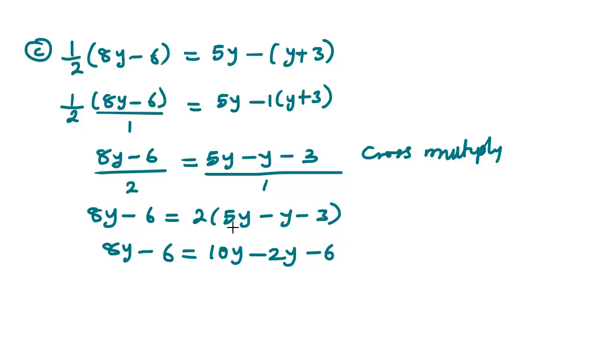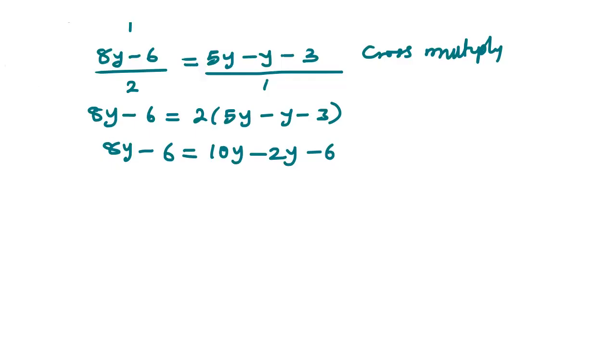Pardon me, I was supposed to evaluate this: 5y minus y should give us 4y, but it doesn't change what we have gotten here. So 8y minus 6 will give us 10y minus 2y, that is 8y, then minus 6. Obviously, if you look, we've got 8y minus 6 on both sides.